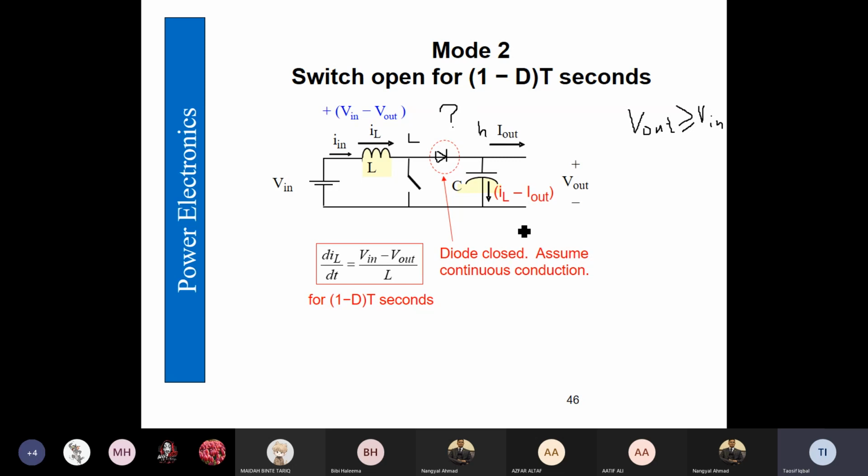Any ideas? Just remember that there is an inductor.